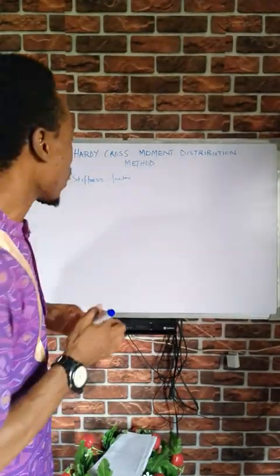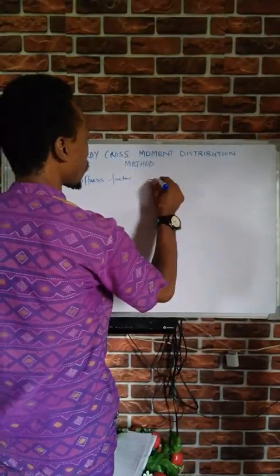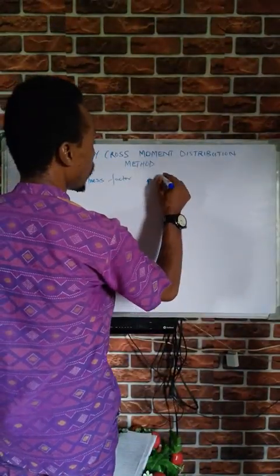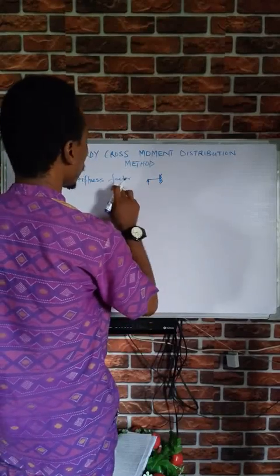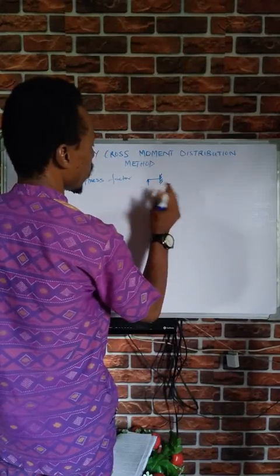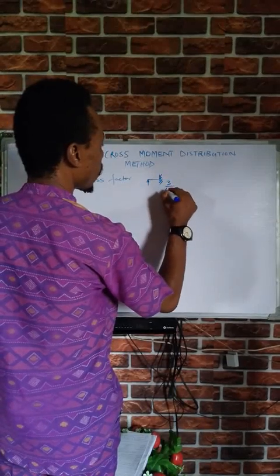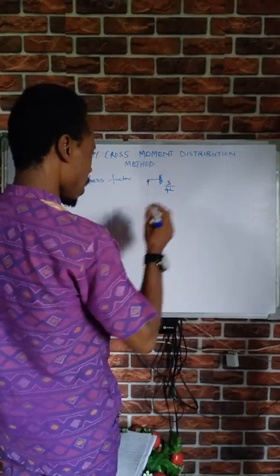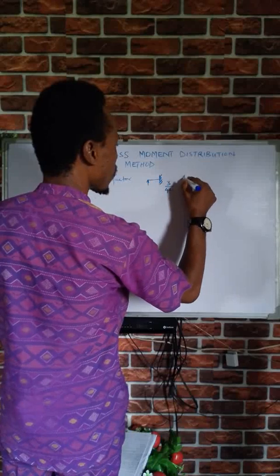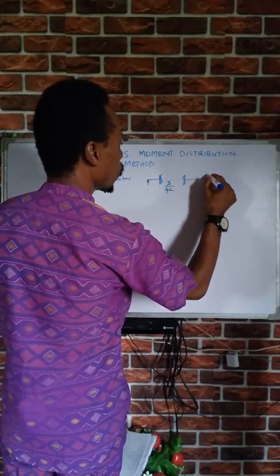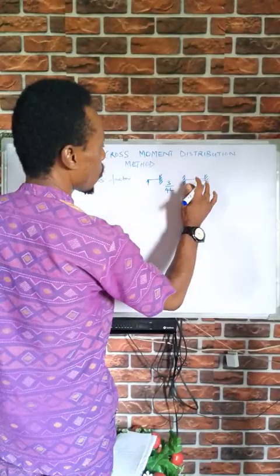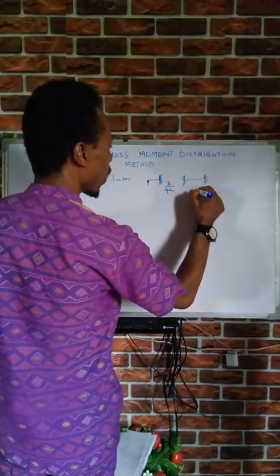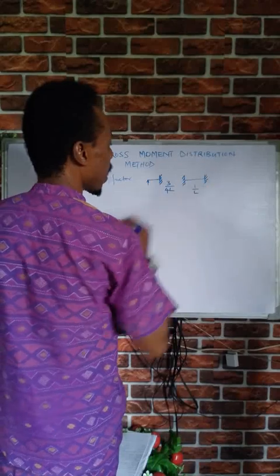For us to get our stiffness factor, when we have a pin, if we have a pin in this form, we know the stiffness factor is 3/4L. Then the situation whereby we have two fixed ends, the stiffness factor for this member is 1/L.